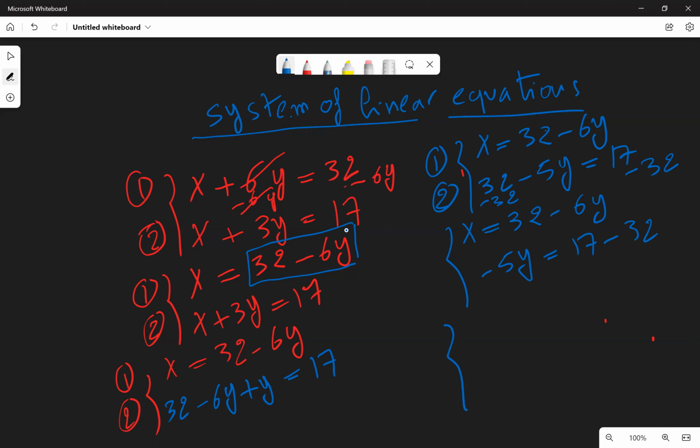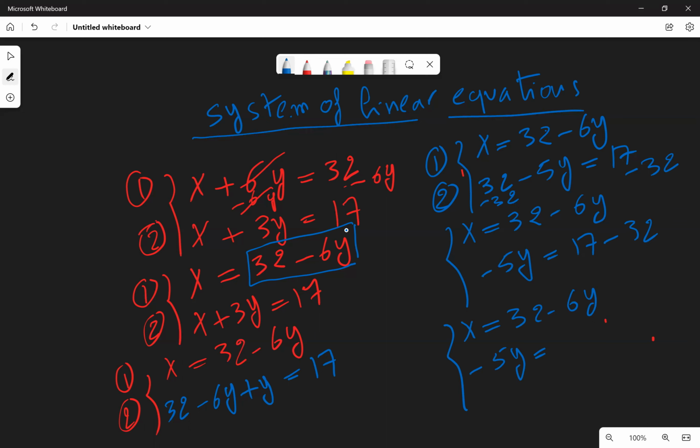All right, so let's keep going. x equals 32 minus 6y, and here minus 5y. First, I'm gonna simplify the right side: 17 minus 32.